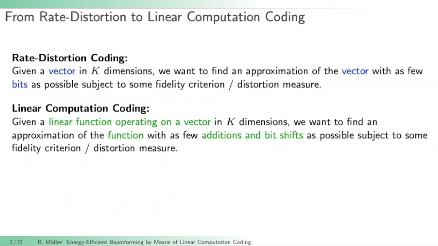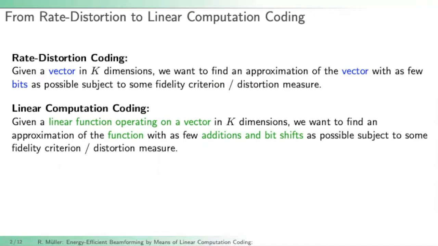The key step to approach that is to go from rate distortion coding to linear computation coding. In rate distortion coding, given a vector in k dimensions, we want to find an approximation of this vector with as few bits as possible, subject to some fidelity criteria called the distortion measure.